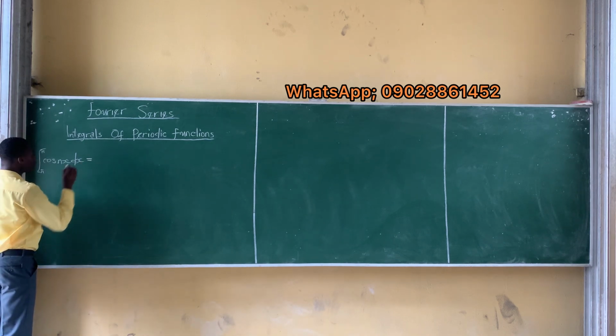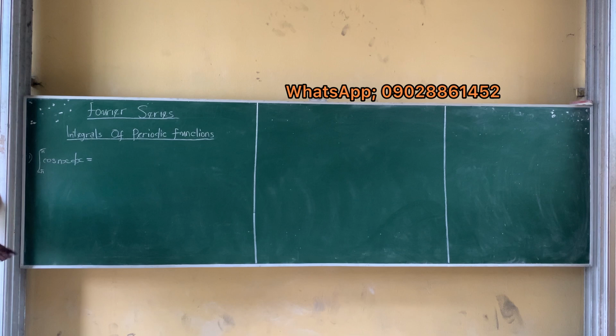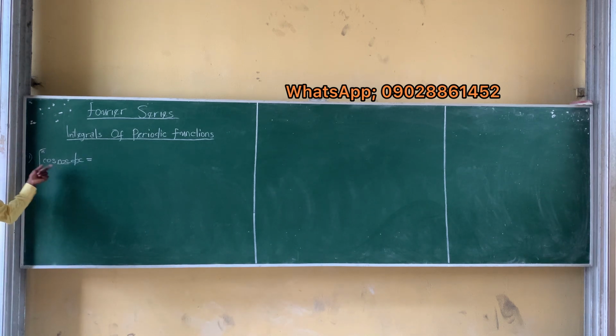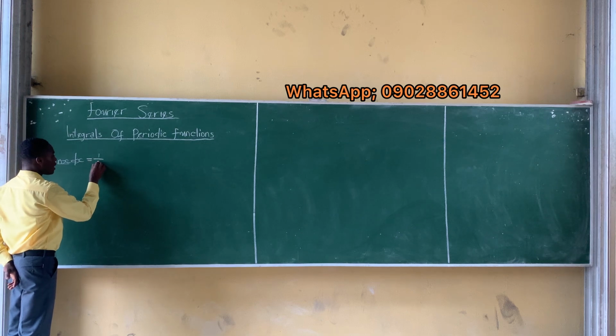So let's integrate this function and see what we have. Don't forget, to integrate any trigonometric function, you first of all differentiate the angle and divide by the derivative of that angle. The angle here is nx. If we differentiate nx with respect to x, we get n. So we divide by n, and we have 1 over n.